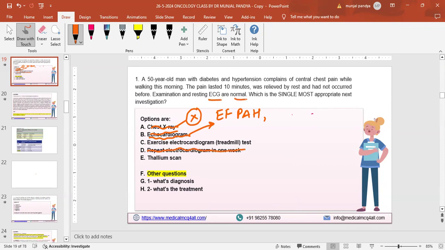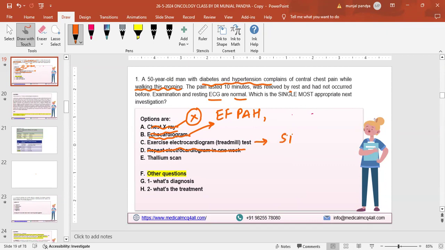Now the ECG is normal, the patient is fine at rest, and it never occurred before, right? But see the risk factors, diabetes and hypertension. So always be vigilant, and also central chest pain on walking this morning. So something is wrong with the coronary artery. First you do the exercise tolerance test or stress test.